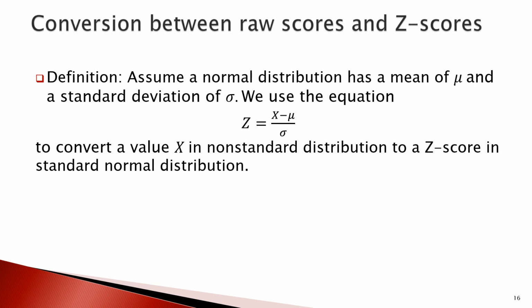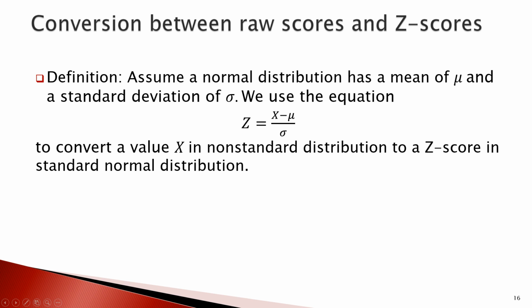Now, how do we convert a raw score? Raw score means just any score, because we can be given any distribution, guys. In this z-table, we have a convention, right? The mean is 0, standard deviation is 1. But when we are given a data set, it will probably be different. We have a different mean, different standard deviation. But we have a very nice way to convert to the z-table.